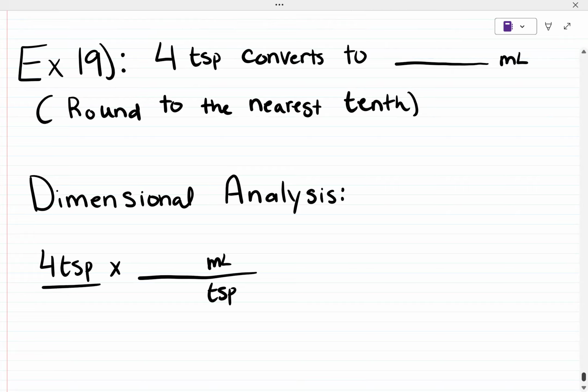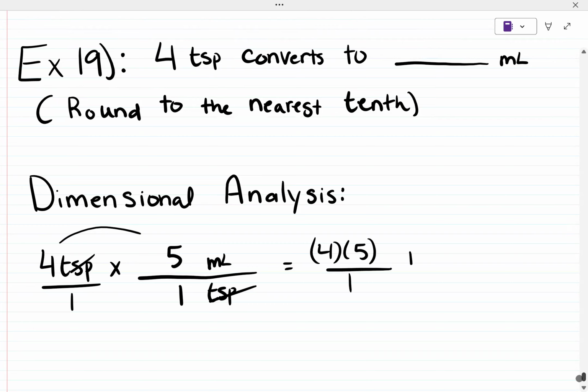You could put an invisible one under the teaspoon. What is the relationship between milliliters and teaspoon? Well, we know for 1 teaspoon, there's 5 milliliters, and the teaspoon cancels, and then you're left with 4 times 5 over 1, and then we have milliliters. 4 times 5 is 20 milliliters.